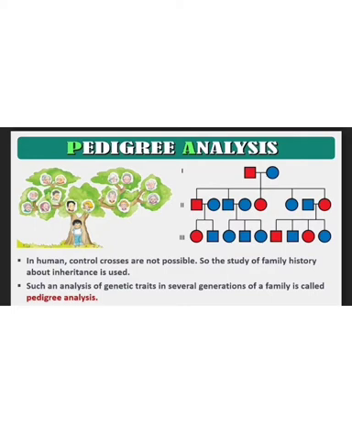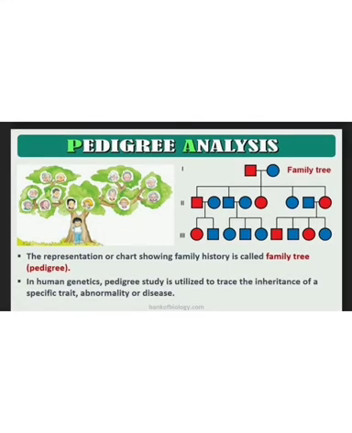In pedigree analysis, the inheritance of a particular trait is represented in the family tree over generations. In human genetics, pedigree study provides a strong tool which is utilized to trace the inheritance of a specific trait, abnormality or disease.